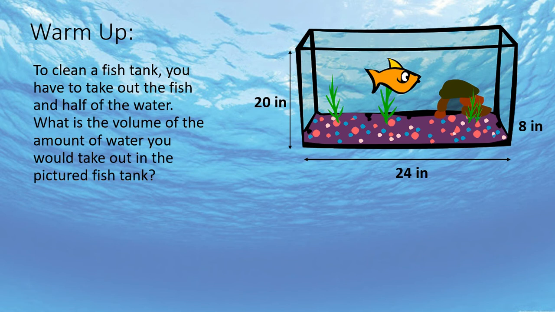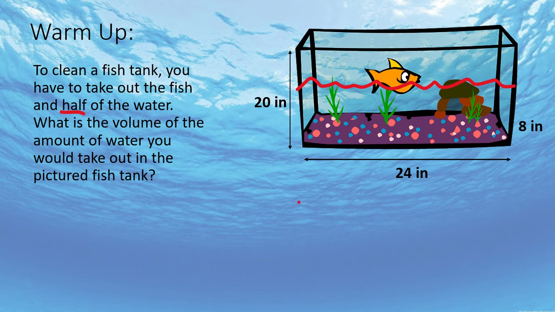All right. So if they need to clean this tank, apparently, you would take the fish out, and then you would take out half the water. They're saying keep that in mind, the fact that you only take out half the water. So they're asking us, what is the volume of the amount of water you would take out of the pictured fish tank? Let's come up with our strategy.